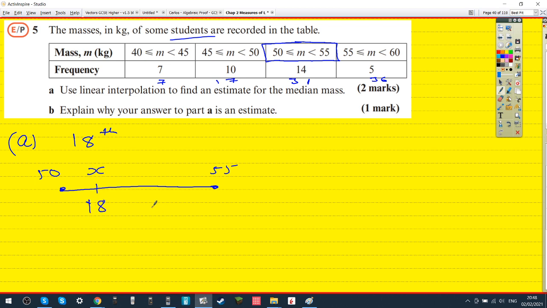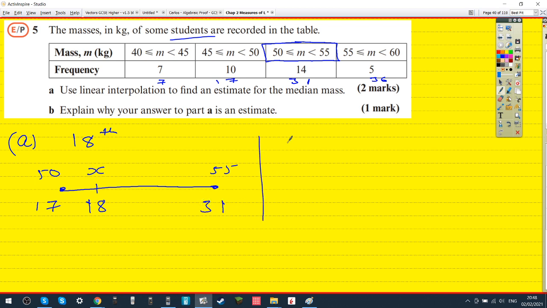And then bottom left would be 14. What was the end of the previous group? 50. And then 45. Frequency? 10. Cumulative frequency? 17. Yeah. And the highest would it be 31? Yeah.